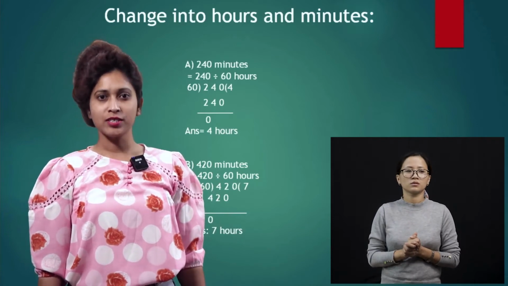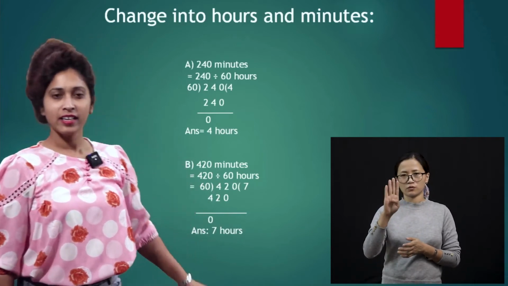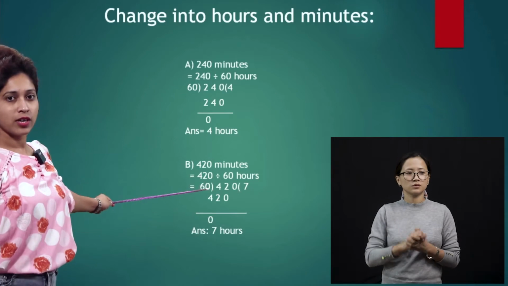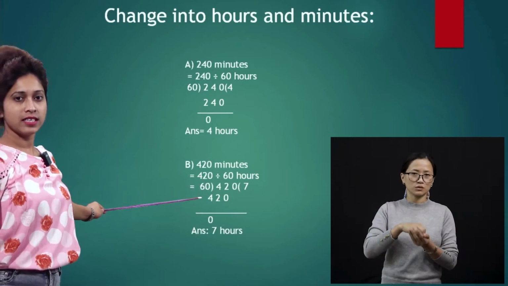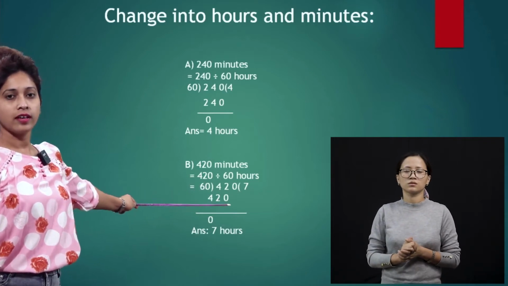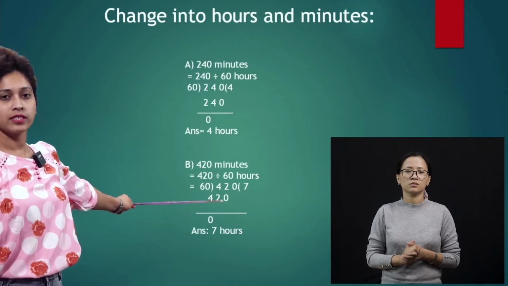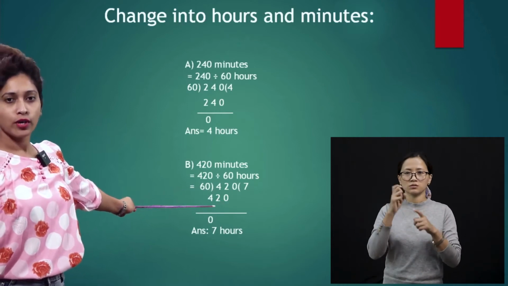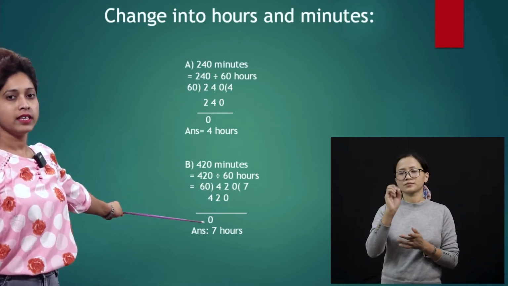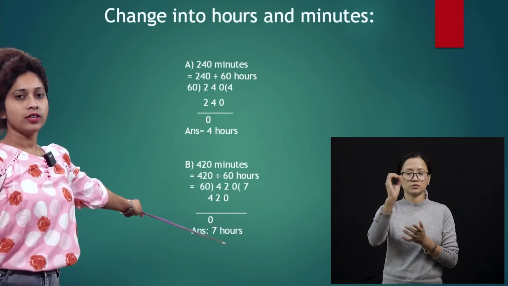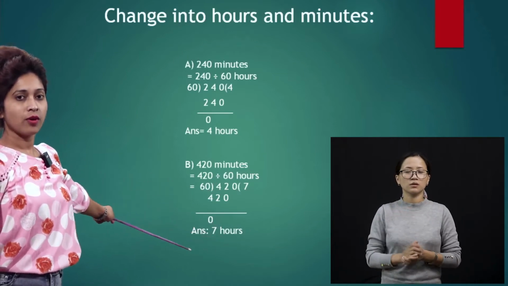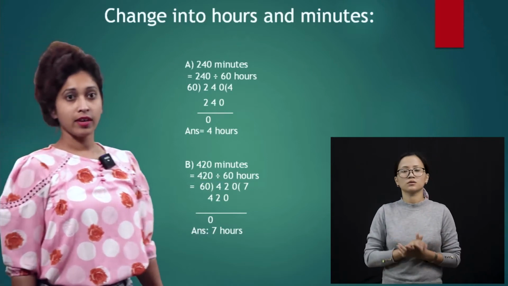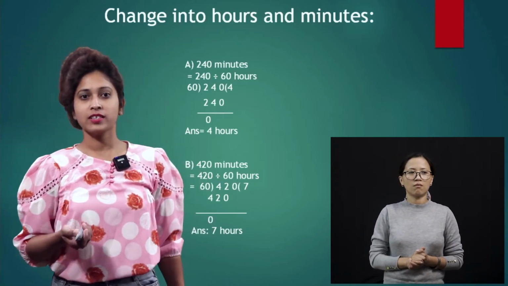It is 42. Am I right? Okay, so just one extra 0 you need to put here since it is 60. So put 0 here. So it will become how much, children? 60 into 7s is 420. And the remainder is 0. So the answer we got is how much? It is 7 hours, right, children?